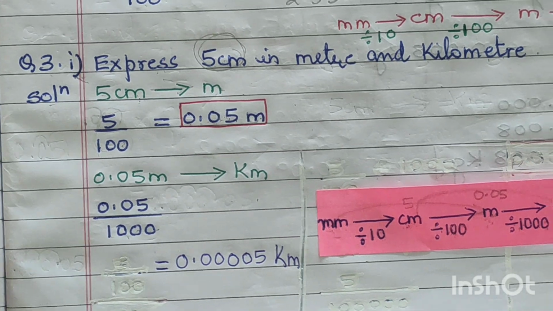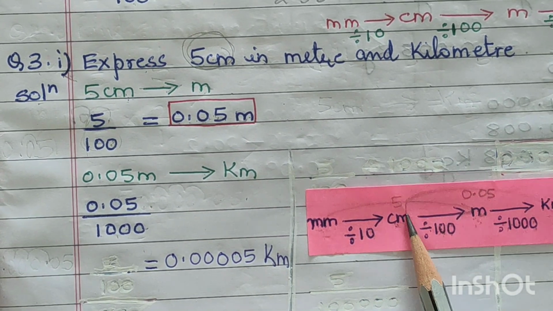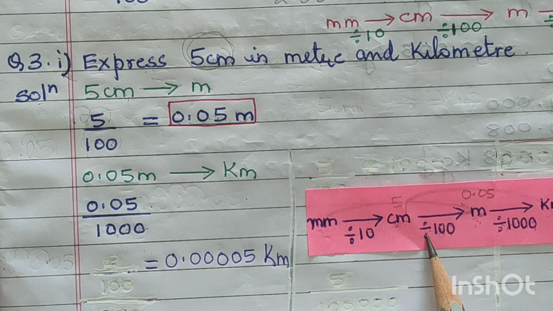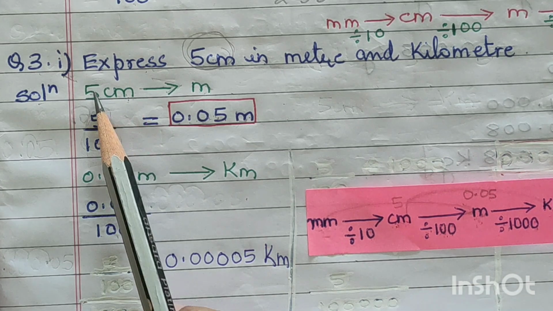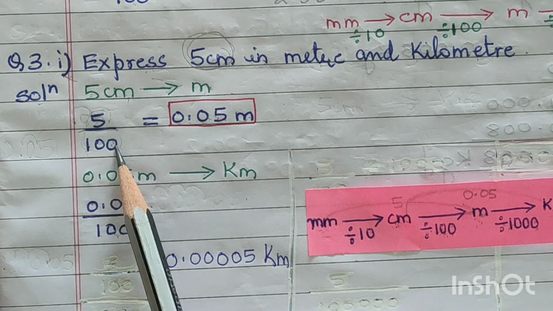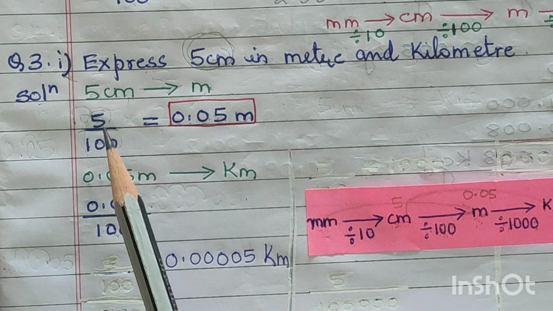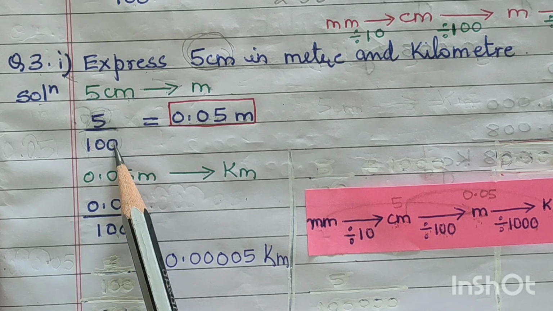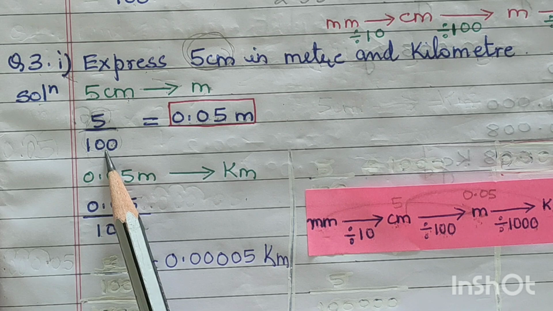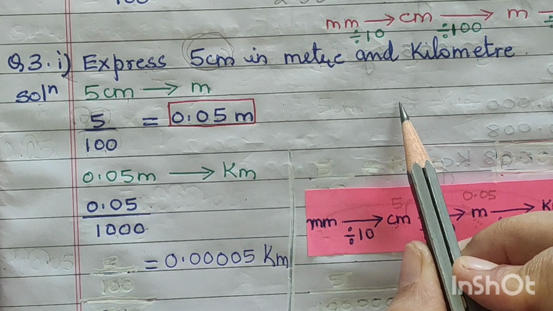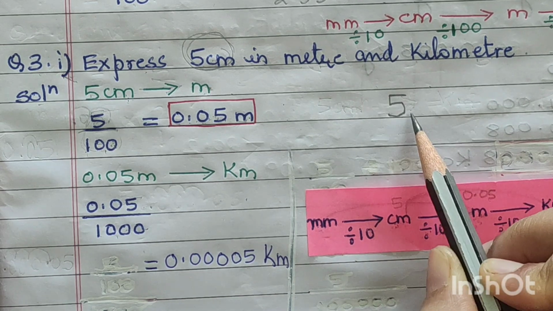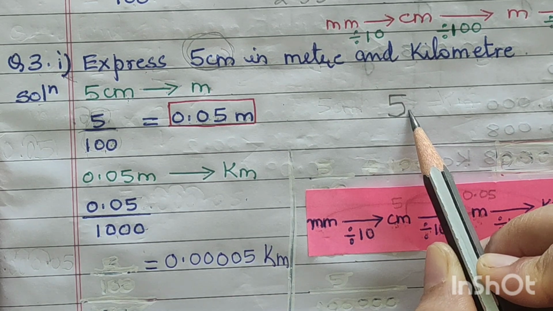Very clearly over here we can see that when we have to convert centimeter to meter, the number has to be divided by 100. So 5 divided by 100, because I am converting 5 centimeters to meters. Now 5 divided by 100 is the fraction form. For the decimal form, take this number 5. When it is a whole number, we know that the decimal point is hiding over here.